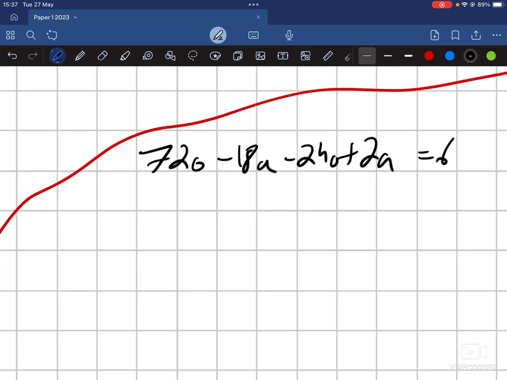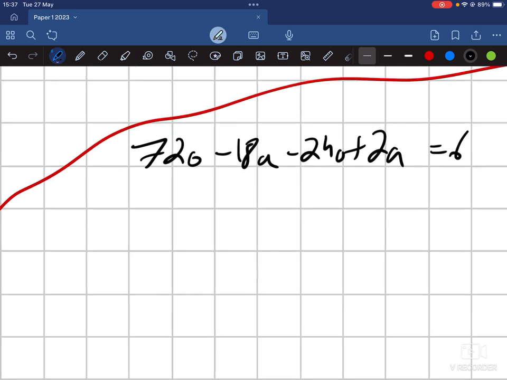So 720 minus 240 is 480. So we're going to get 480 minus 16a is equal to 6. So 474 divided by 16.